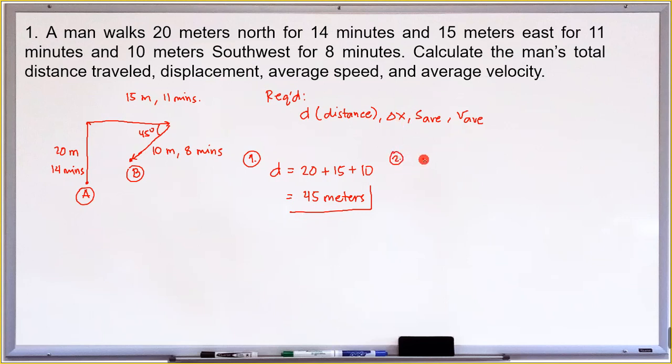Now for displacement, that is initial position minus final position. Actually, you can use a summation of vectors along the vertical and also along the horizontal, just like what we did with the forces.